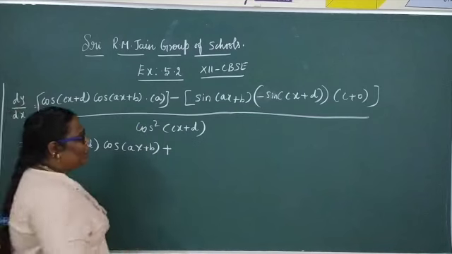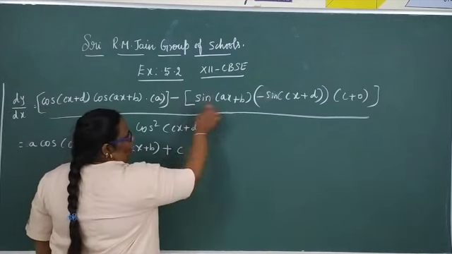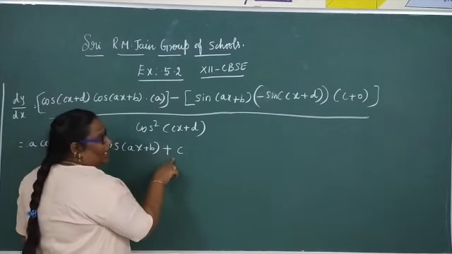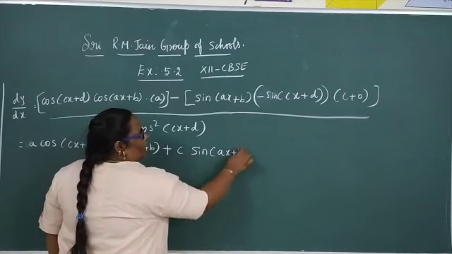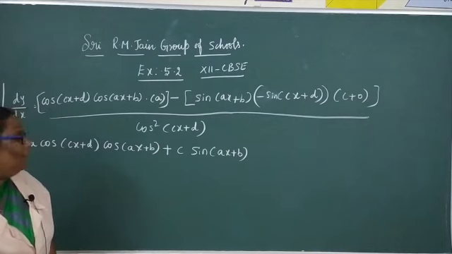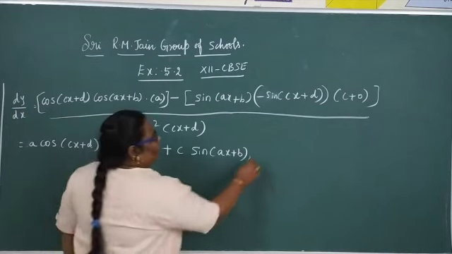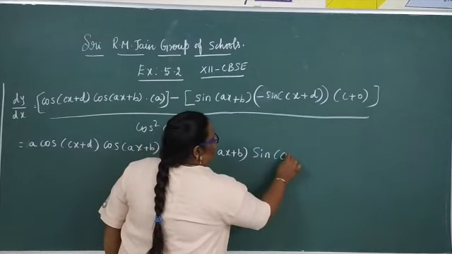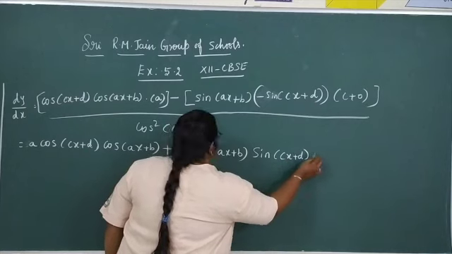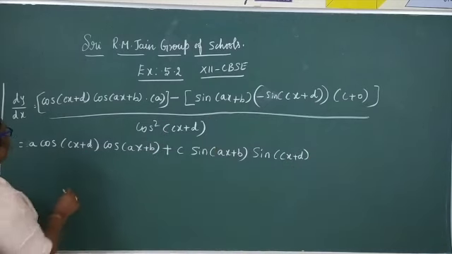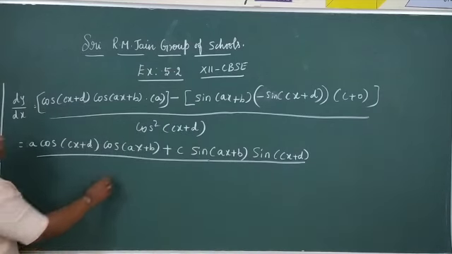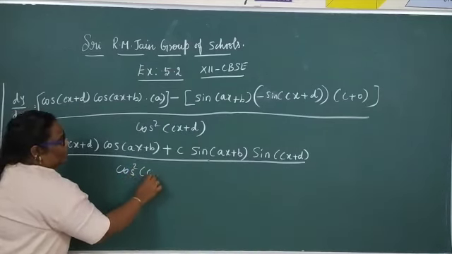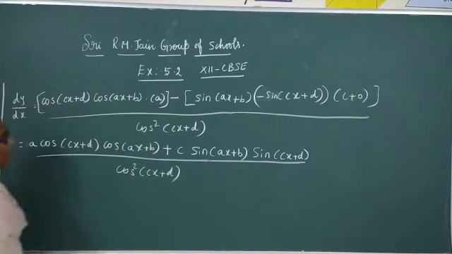It is a multiplication, c is a constant, so you can take it out: c into sine of ax plus b into sine of cx plus d, whole divided by cos square of cx plus d. Now you separate the term.